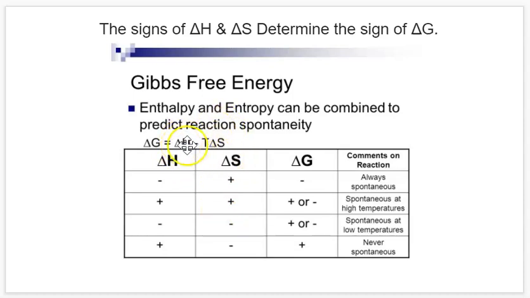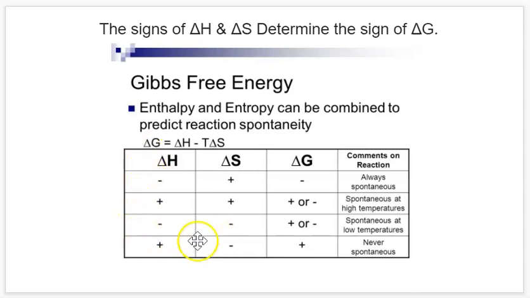So if you have a positive minus a smaller positive, that's usually going to result in a positive delta G. But if we turn the temperature up and our second value in the equation becomes bigger than our first, then we're going to end up with a negative delta G. So if they're both positive, it's going to be highly dependent on the temperature, and high temperatures are going to produce a more favorable situation.